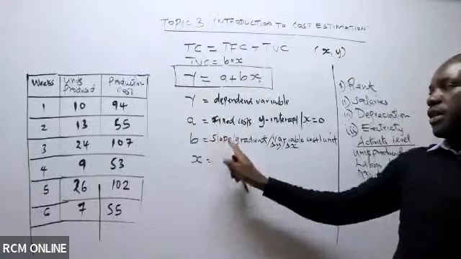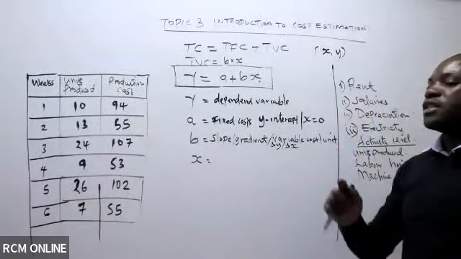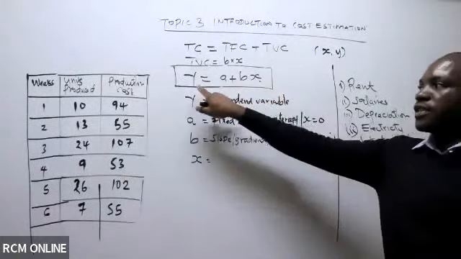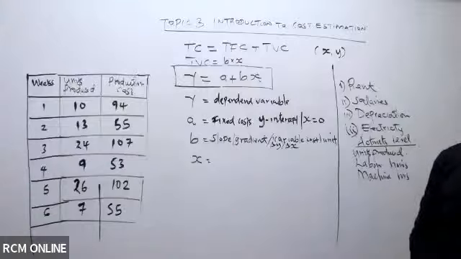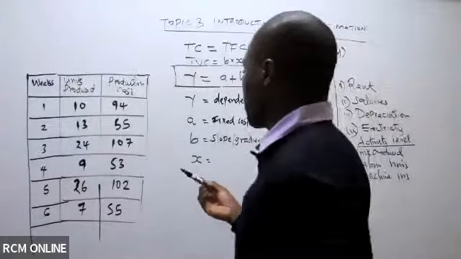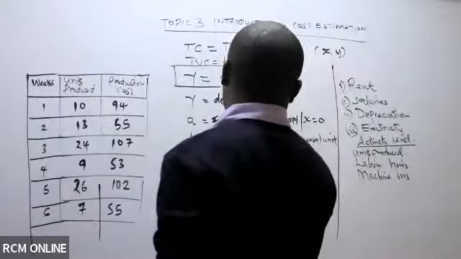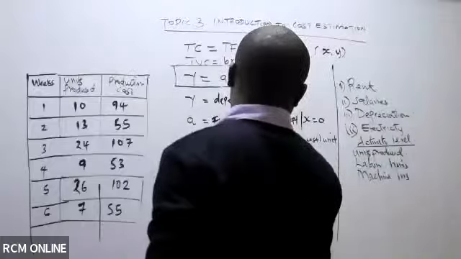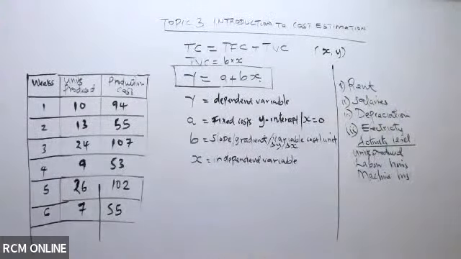Keeping in mind that variable cost per unit is constant. It is x. So changes in x will lead to changes in y. This x here, that's why we are giving it a special name called independent variable.